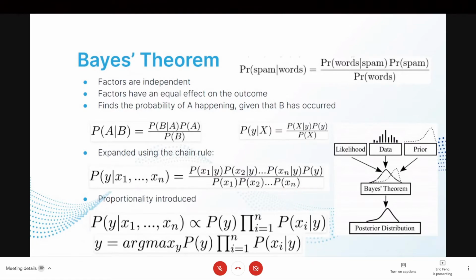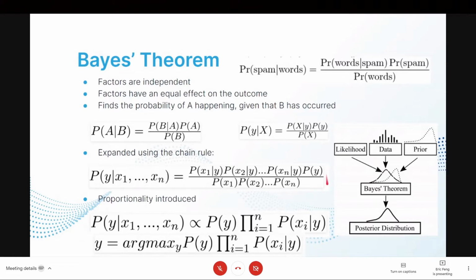At the backbone of Bayes' theorem is a set of distributions, as you can see here. Distributions are a critical feature of Bayesian probability since it updates these distributions using hyperparameters such as standard deviation and mean, instead of a conventional neural network which just uses a single weight value. You may be wondering how these probabilities, such as the probability of words or the probability of spam, are calculated.